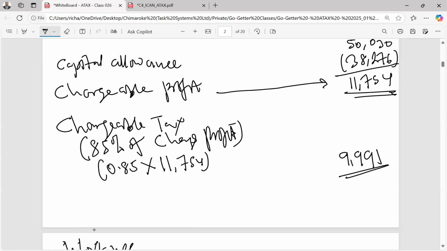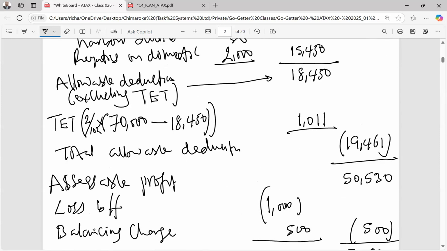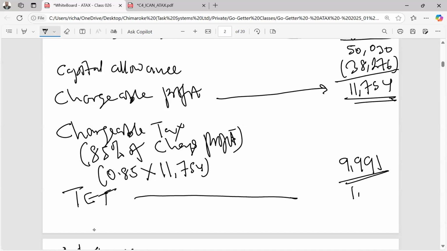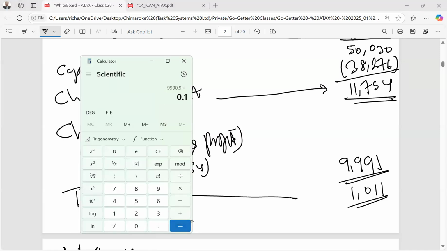So normally this is your tax. You then bring down your tertiary education tax, which you are allowed, and you bring the value. This is another tax that you are going to pay, 1,011. So you can imagine, you are paying 11,002 out of 11,754 as taxes.